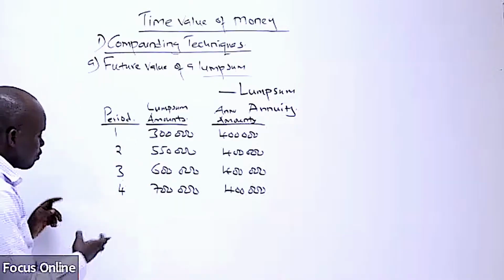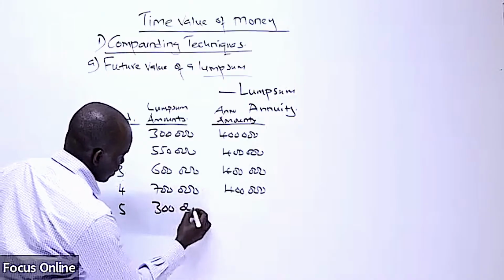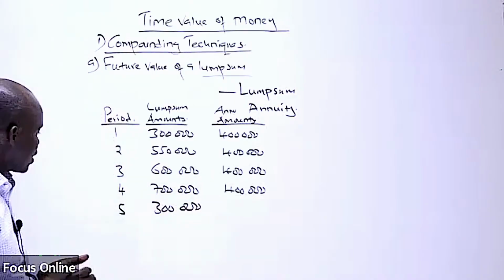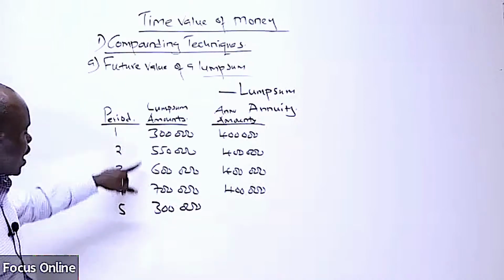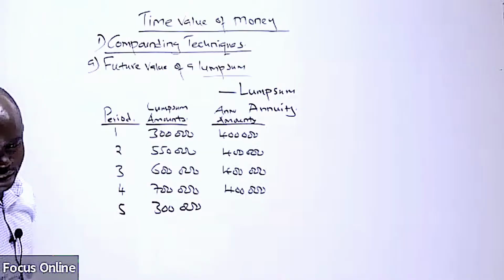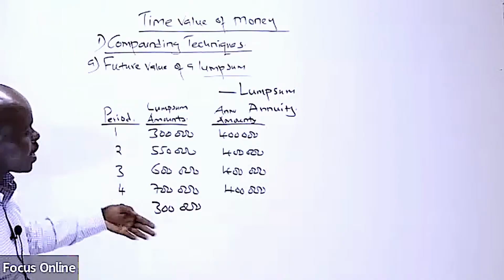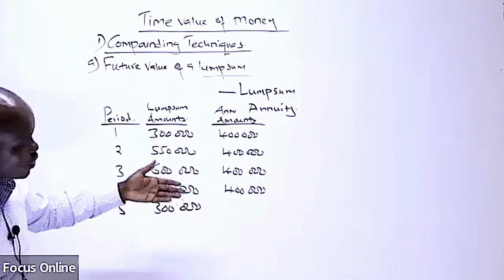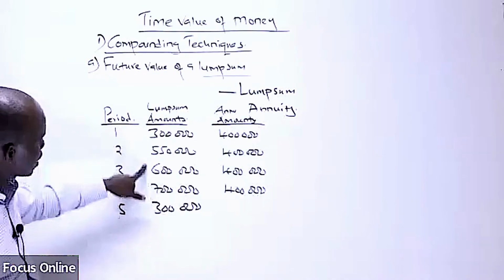Maybe let's say year 5, 300,000. You cannot say that since 300,000 is appearing twice, it is an annuity. No, it is not an annuity because it has not been received regularly. You've received 300,000 after some other cash flows. Are we together? So all these are lump sums.